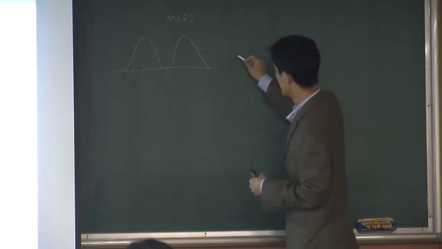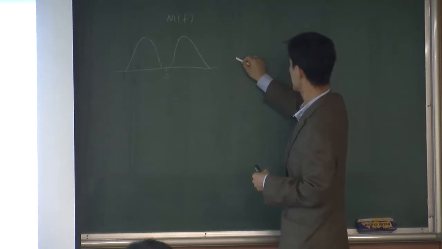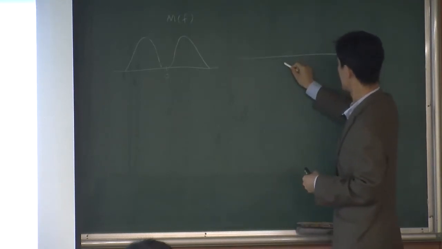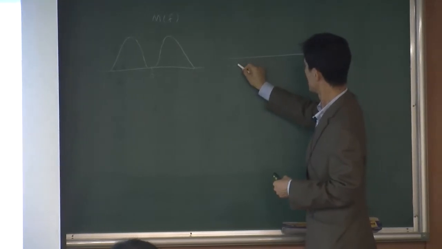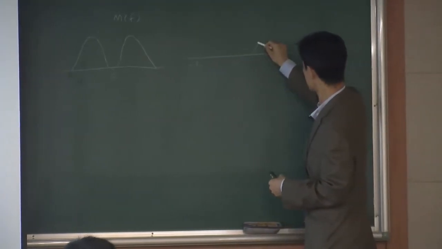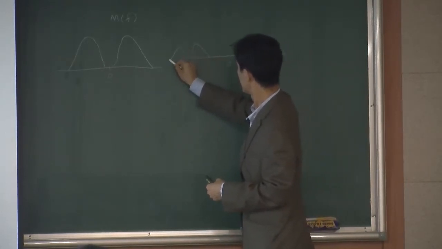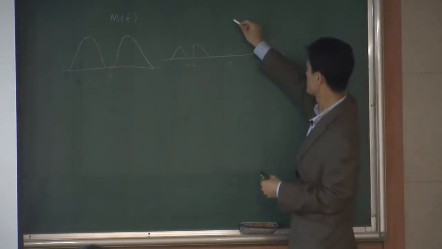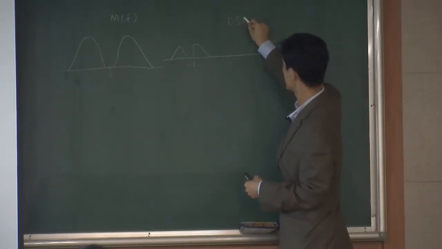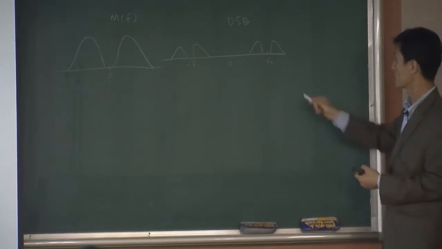The first thing to do is multiply by the cosine carrier, then this one is now frequency shifted. So now you're going to get this spectrum, right? That is going to be your double sideband signal in frequency domain.